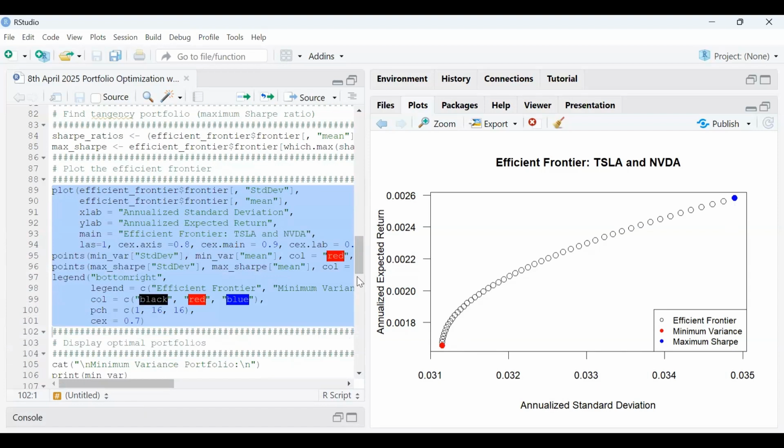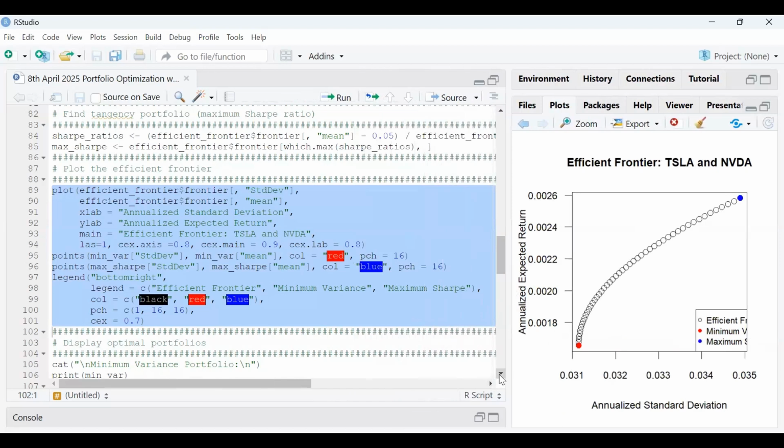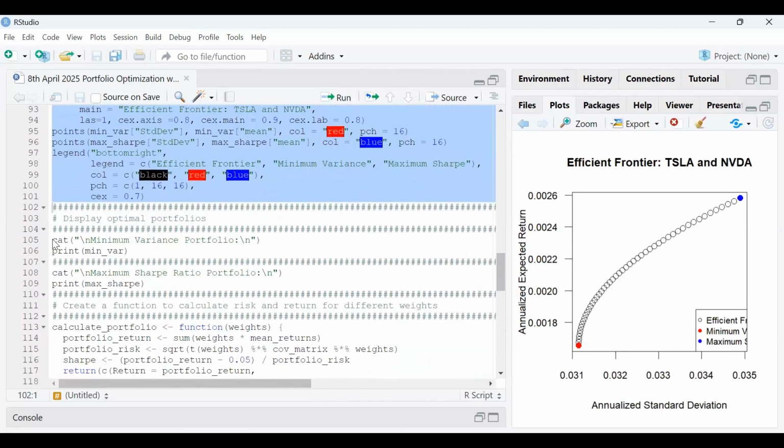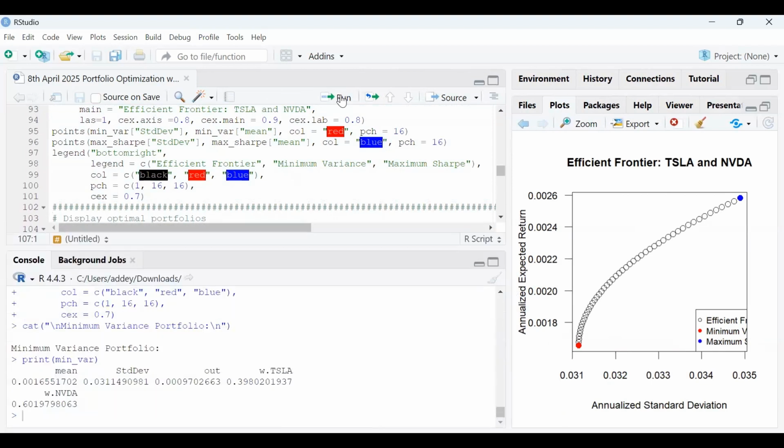So since it's difficult to know the specific values based off the graph, I'll try and print the values for the minimum variance portfolio. So I'll do that in line 105 and 106. So this is my minimum variance portfolio.